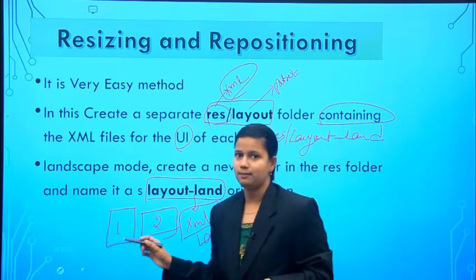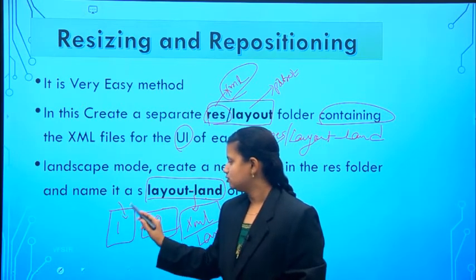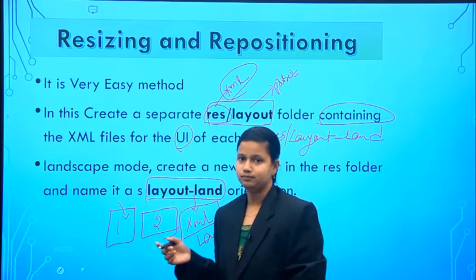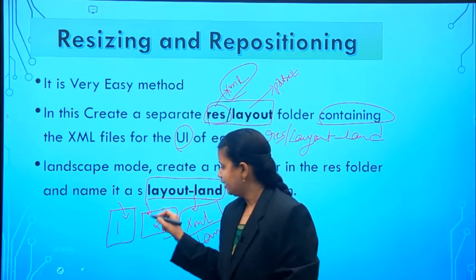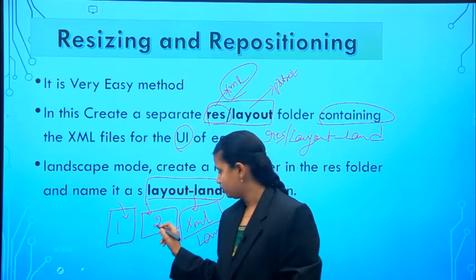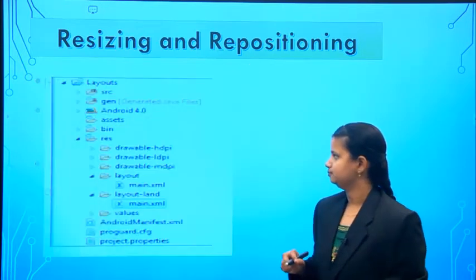If you are using a smartphone in portrait mode, the first XML file will open. If you are using landscape mode, the second, landscape-related file will open. How do we develop this technique?